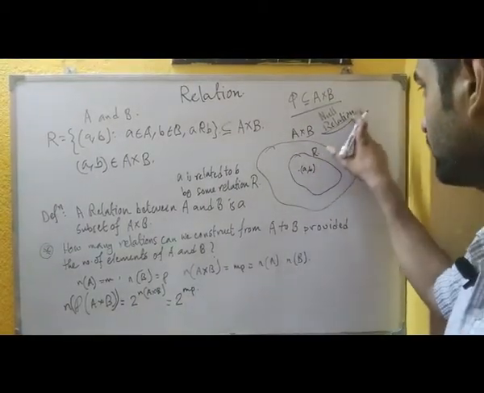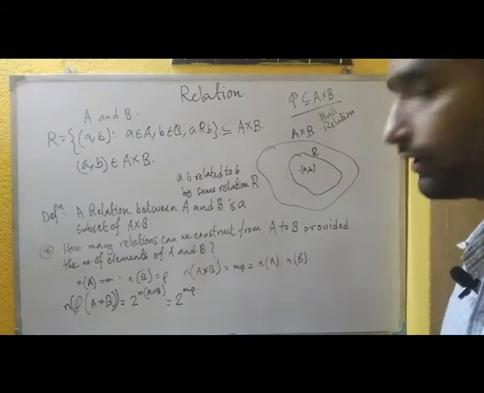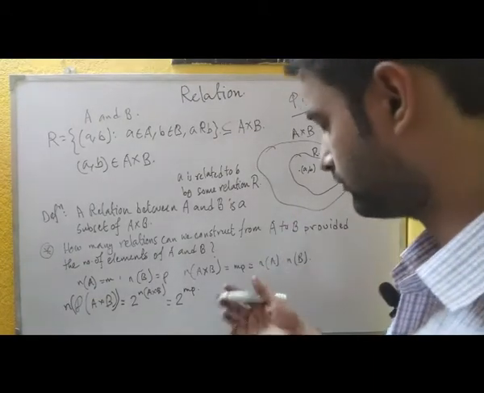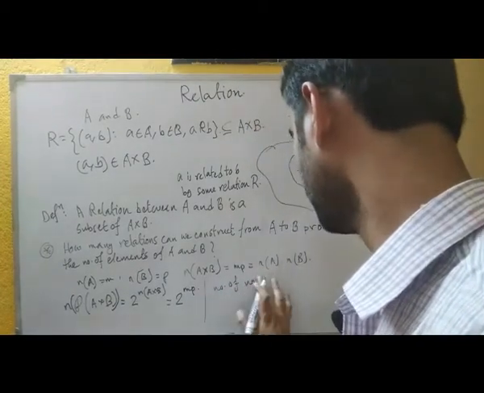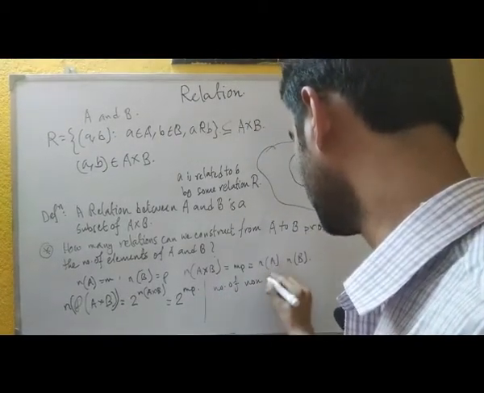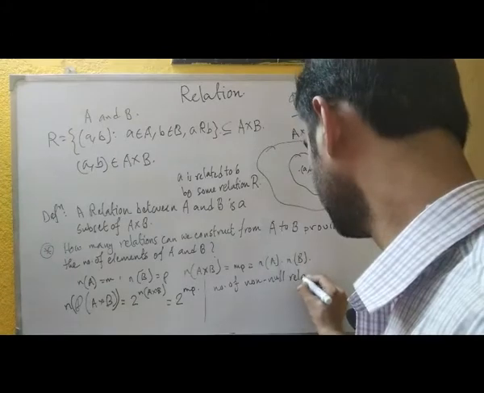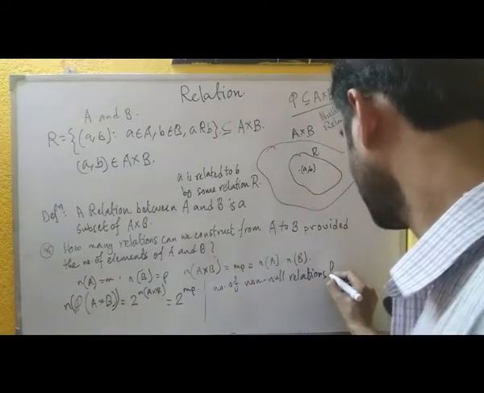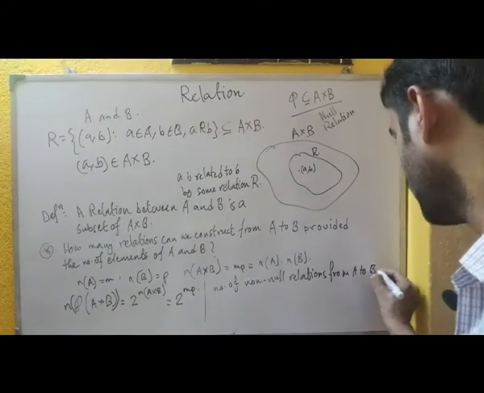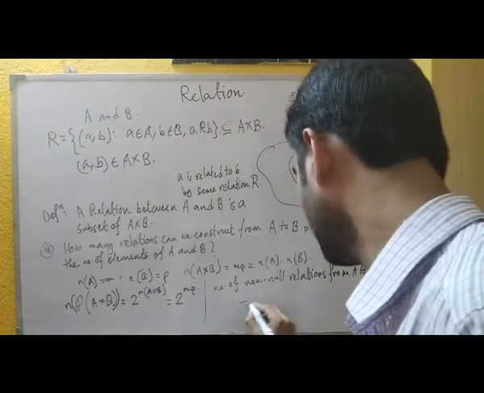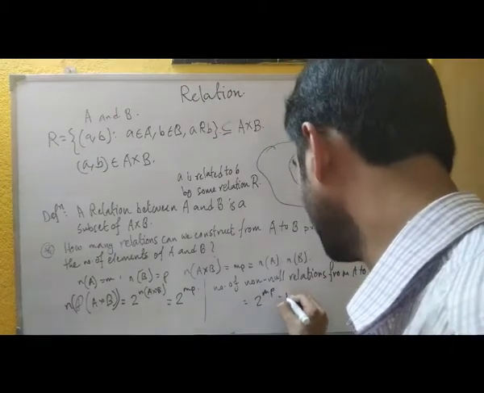So usually we don't consider this null relation as properly a relation between these two sets. So basically we focus on the number of non-null relations from A to B, and that number we give as 2 to the power mp minus 1.